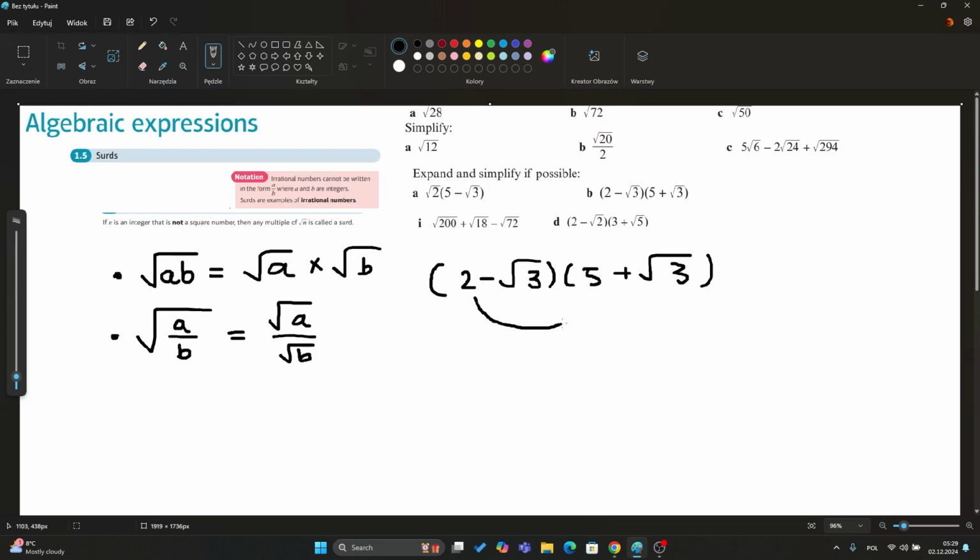This will be 2 times 5 and 2 times root 3. And minus root 3 times 5 and minus root 3 times 3.